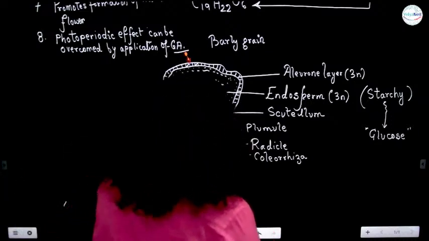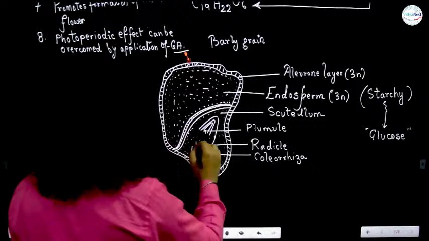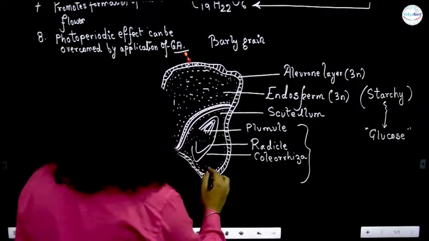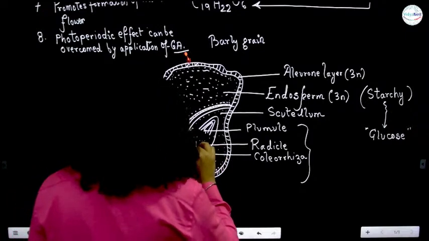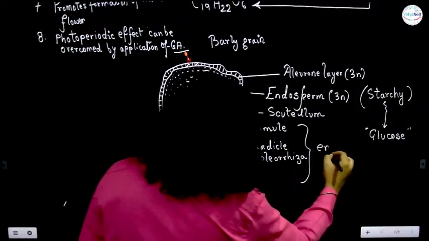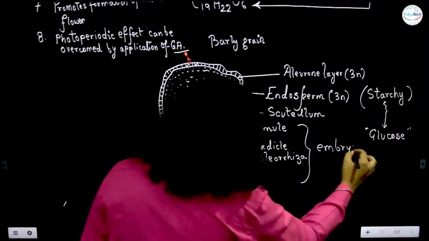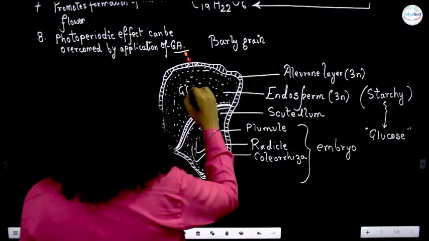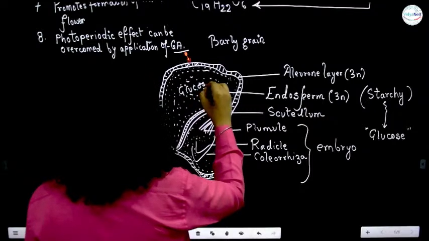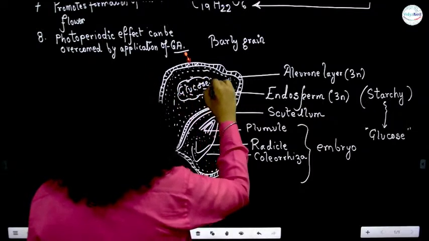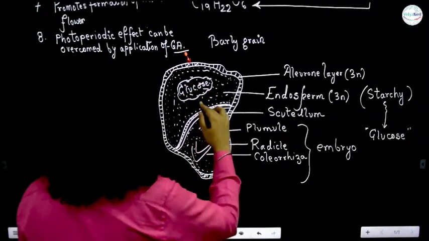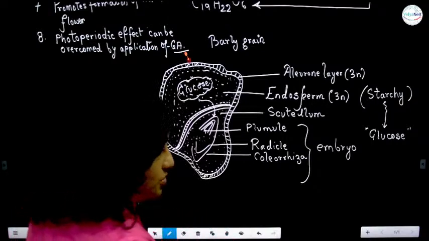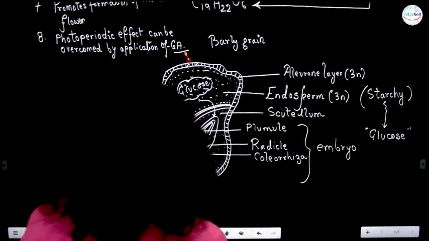Now this glucose will be readily taken up by this portion of the plant, that is the embryo. This is the embryo. As soon as they take the glucose, there will be germination of the seed.